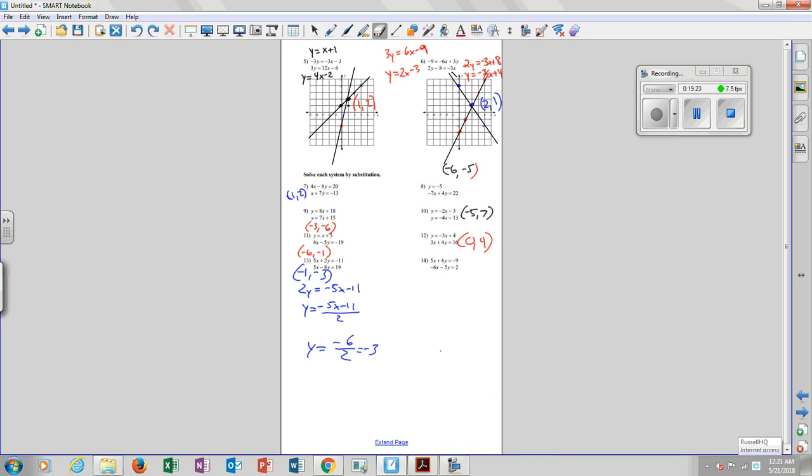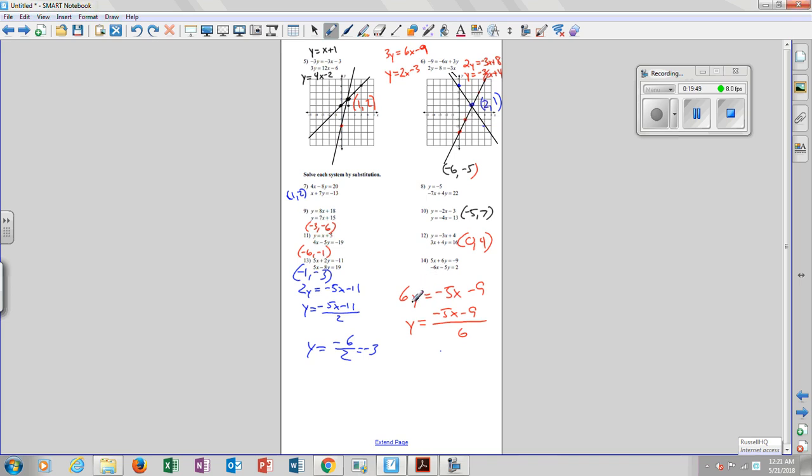Last one of these. Start by solving for y. Subtract negative 5x over, gives me 6y equals negative 5x minus 9. Divide by 6, get y equals negative 5x minus 9 over 6.